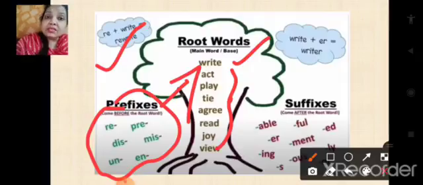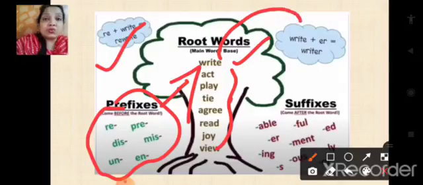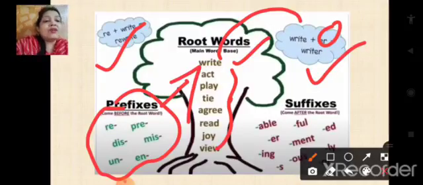Now, to the right hand side, what we have is suffixes. Suffixes are the words which come after your root word, right? So write and that's writer, correct? Yes, children, so I have also given a few examples over here.